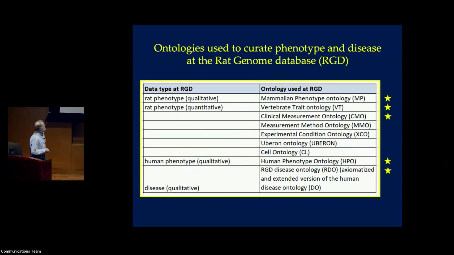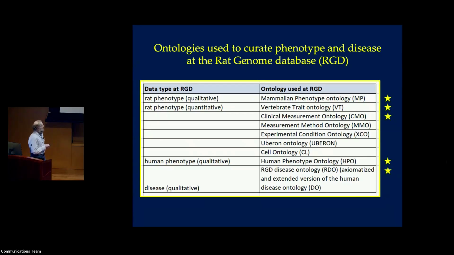For quantitative rat phenotype data, which is a process we use called Phenominer, there are numbers of different ontologies that we use, including vertebrate trait ontology, VT, clinical measurement ontology, CMO, measurement method ontology, MMO, experimental condition ontology, XCO, and UBERON, and the cell ontology.